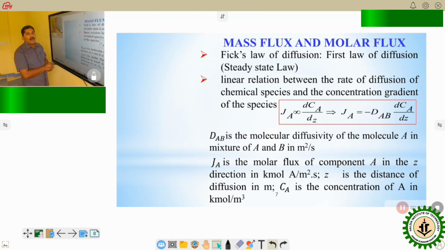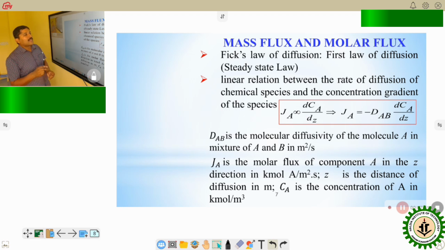Okay, now the governing equation or basic law of mass transfer, we are saying it's Fick's law of diffusion. What is this Fick's law? Mainly, it is nothing but the linear relation between the rate of diffusion of chemical species and the concentration gradient of the species.